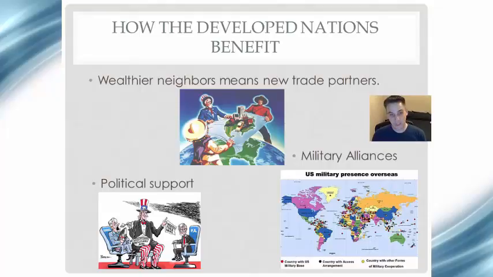Political support. Definitely Mexico, because of the things we've done for them and they've done for us, is an ally, whenever we need someone to back us up at a United Nations vote or something like that. We can also use aid to try to create peace between two countries.